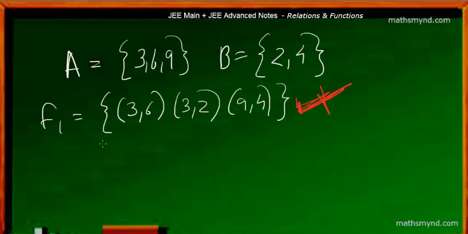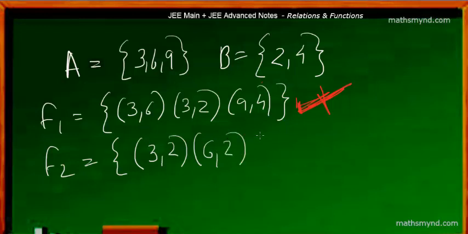Let us look at a second case, F2, that is (3, 2), (6, 2) and (9, 2). Here all the elements of set A are having ordered pairs in which the second component is the same, but as far as the rule is concerned, when we are dealing with a function from A to B, such a point is not wrong.